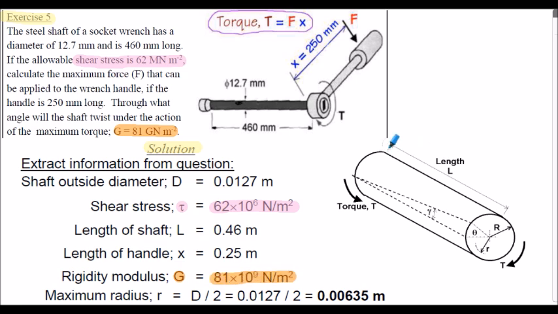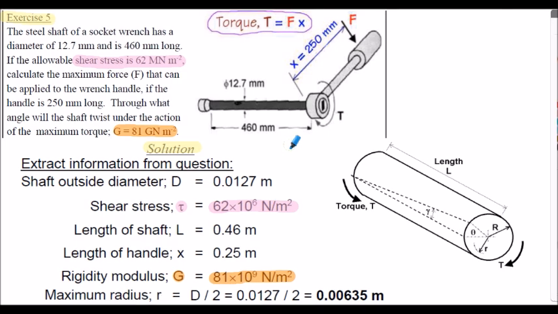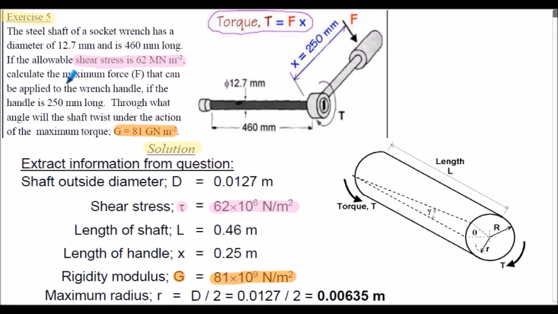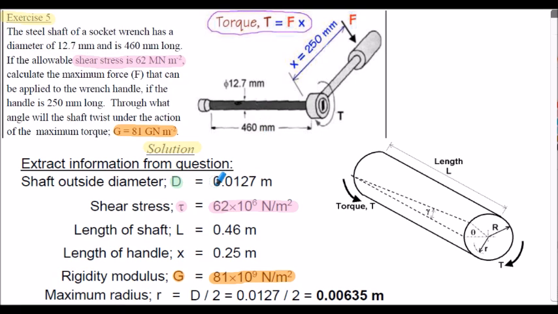As these properties are stated in meters squared, I will ensure all the dimensions are now stated in meters. So although the diameter of the socket wrench in the question is stated as 12.7 millimeters, my capital D here for the outside diameter is 0.0127 meters.